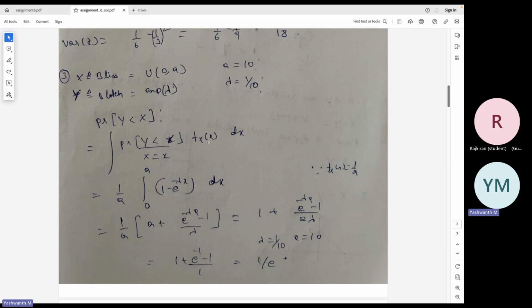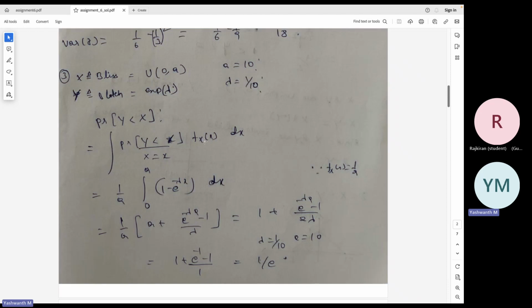Here x is a uniform random variable. And the reason why the probability y less than x given x equal to x is nothing but the probability y is less than x is because y and x are independent. That's why this quantity is replaced by this quantity here.